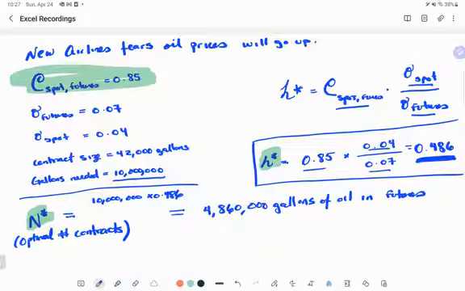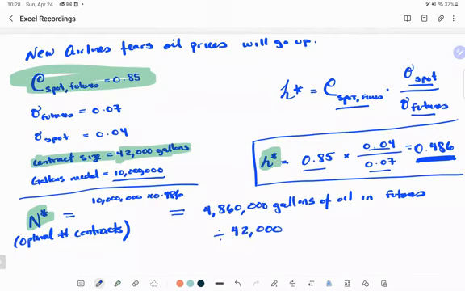So the minimum contract size here is 42,000 gallons, but that's the contract size. So then we cannot buy exactly 4,860,000 gallons of oil in the futures market. But what we need to do is find out how many contracts. So we divide this by the number of gallons for each contract.